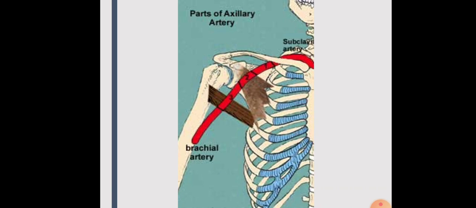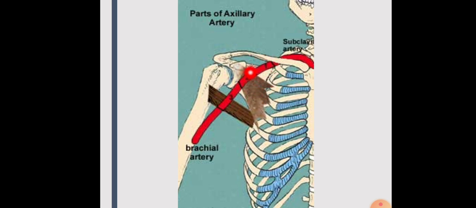Okay, the branches. Before the branches, this axillary artery is divided into three parts by the pectoralis minor muscle: first part, second part, and third part. The first part is located medial to pectoralis minor.